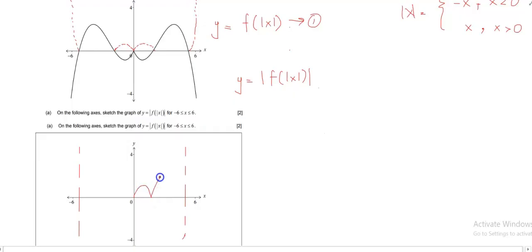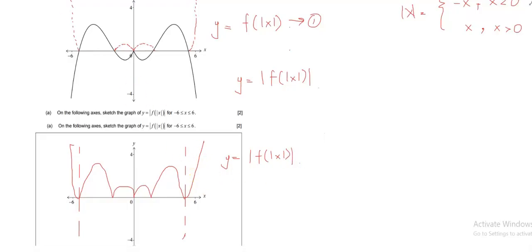That's the region, and then from here my graph is going to move up, and similarly on this half it's going to look like this, followed by this, and then it's going to move up like this. So we end up getting y is equal to modulus of f modulus of x. So this is what the graph actually looks like.